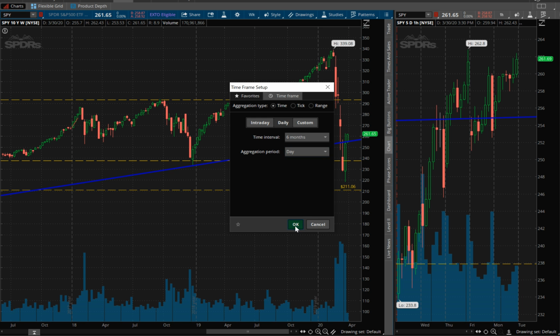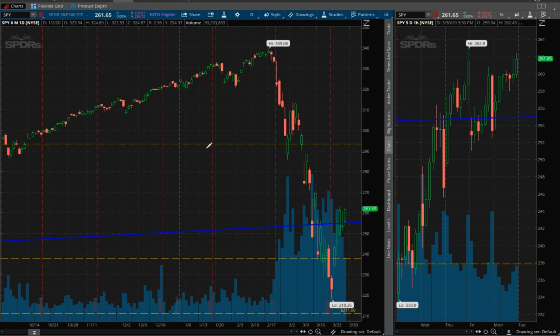So going back to the 6 months daily chart, you can see, of course, a big down move, the bounce, and we are a little bit above the trend line here. But this is a very interesting point to be at, right? This is an area of resistance where I could definitely see price action going back down again and maybe retesting the lows. So there's a nice little trade possibly setting up there.